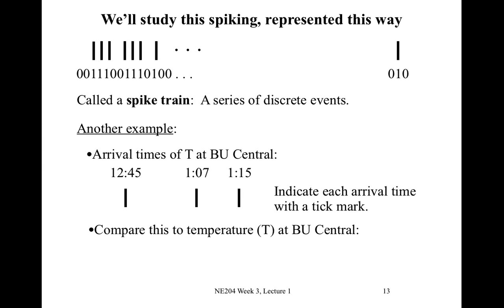For the most part in this class, we're going to think about spike trains as representing action potentials generated by a neuron. Now compare this series of discrete events, when the train arrives, to something like the temperature at BU Central. This temperature wiggles around. There are no discrete events, and we can record the temperature at each moment in time.